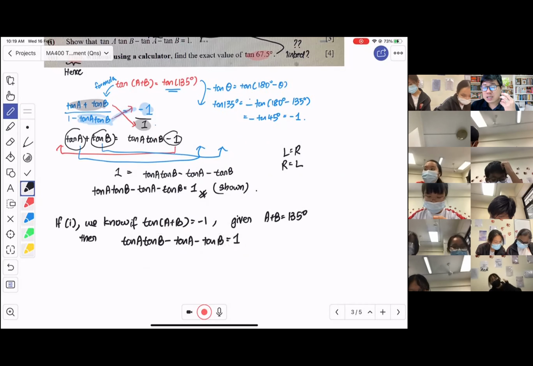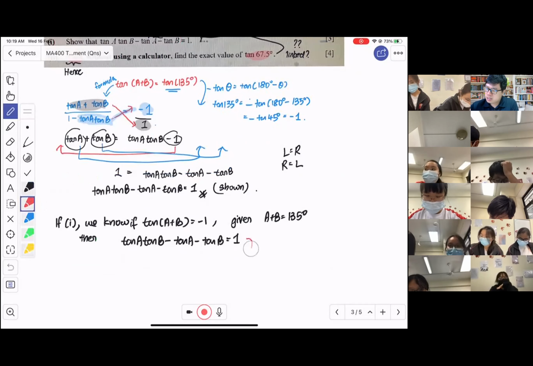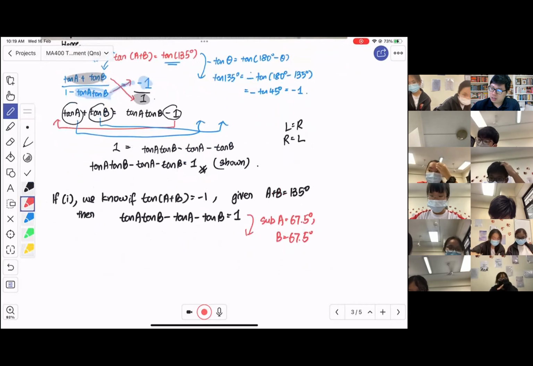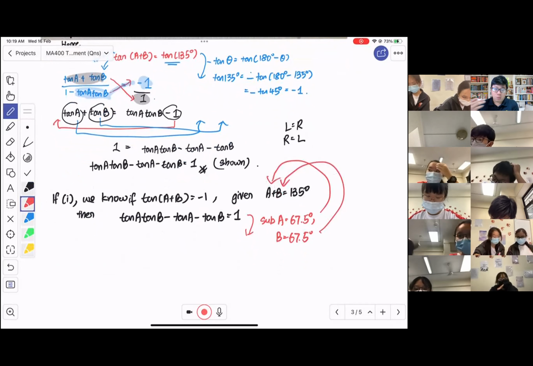The very simple substitution is you just sub A as 67.5 and B as 67.5. Naturally, this is a very nice substitution, because they both add up to 135.